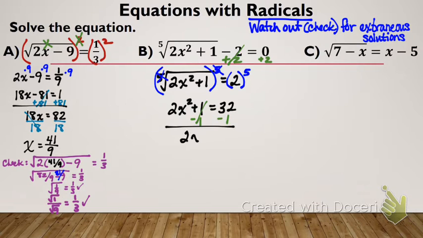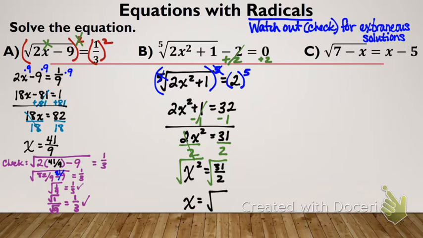So I get 2x squared equals 31. Divide both sides by 2. X squared equals 31 over 2. Square root both sides. X equals the square root of 31 over 2.